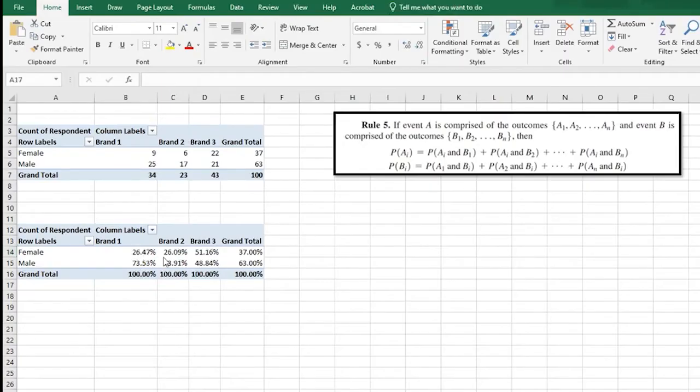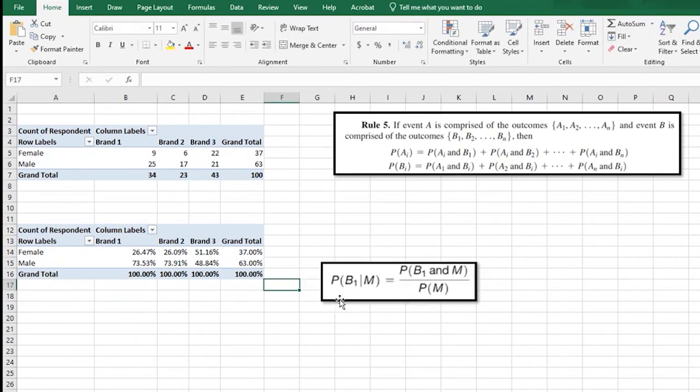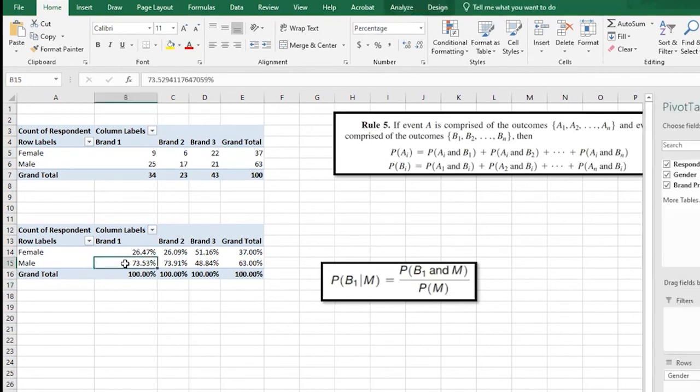Now, the pivot table allows us to do some conditional probabilities. So let's say, for example, we have this type of problem. The way you can say this here is, given that we are focusing on male, what is the probability that their preference is brand one? So we're kind of narrowing down who we're trying to look at in this contingency table. And one way you can do this, since we are focusing on the male information or just gender, instead of getting my percentages based off of the grand total, I would want to get my percentages off the rows, since gender is on the rows component in our pivot table.